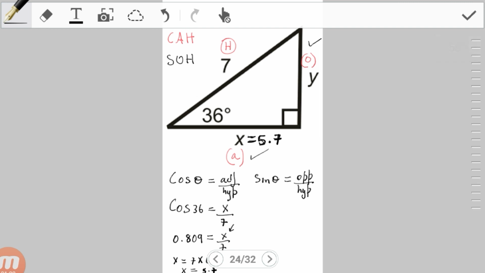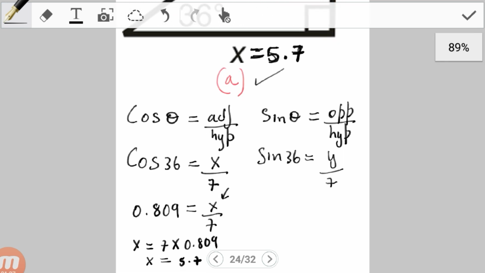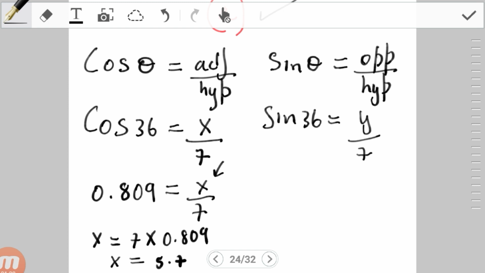And you're going to find here that the sine of 36 is equal to the opposite side, which is y, over the hypotenuse side, which is 7. So if you go here on our calculator, we're going to find the sine of 36. We get an answer of 0.5877, and that's going to be equal to y over 7.